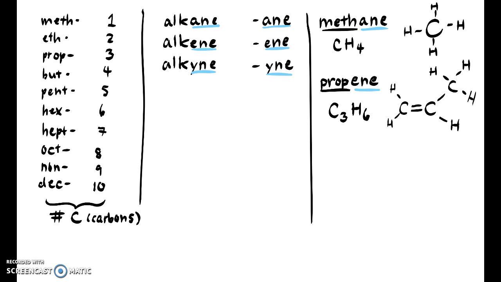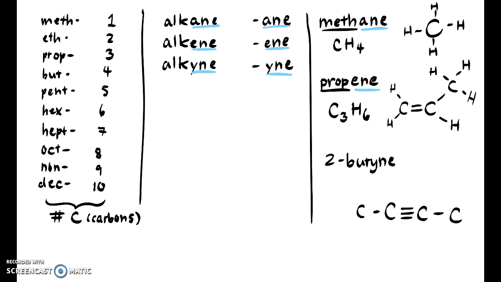Now let's do an alkyne. How about butyne? And we'll do 2-butyne. In this case, the 2 denotes where the triple bond is. So we have our triple bond, and we have 2 more carbons.